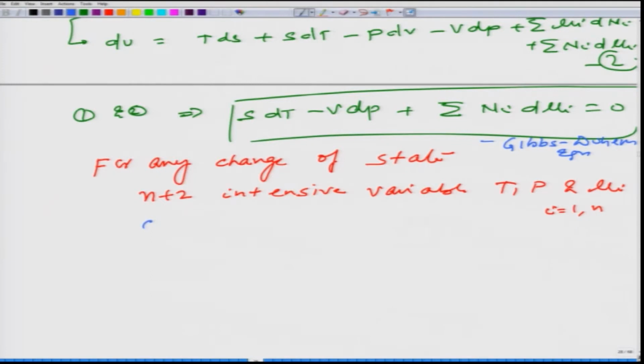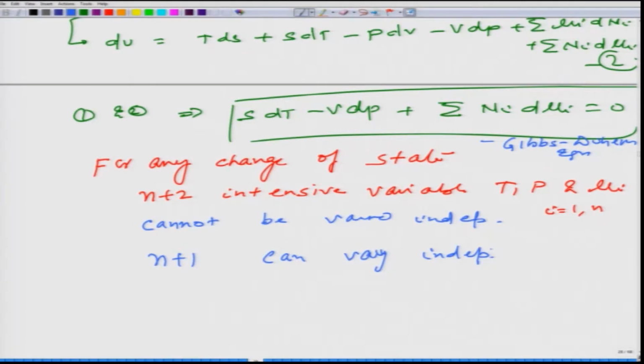So, these cannot be varied, cannot vary independently. Okay. It also tells you that since this is a constraint which is being put, only n plus 1 variables are independent, can vary independently.